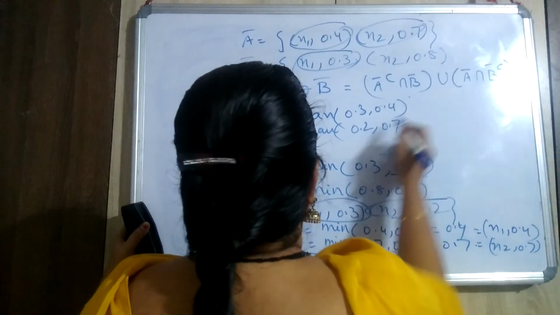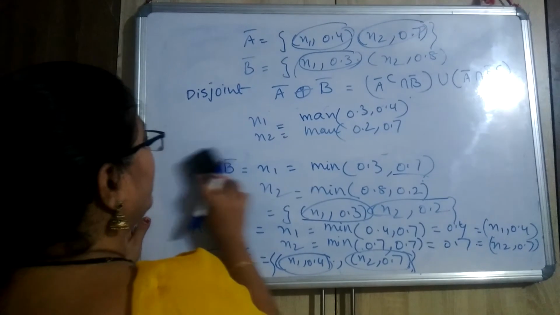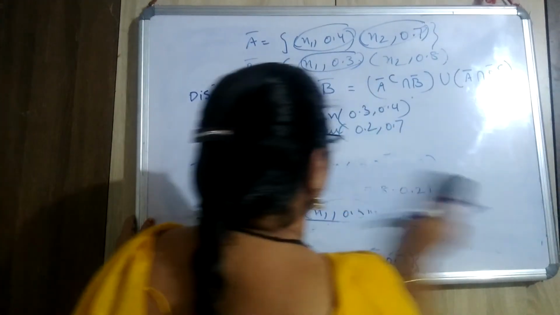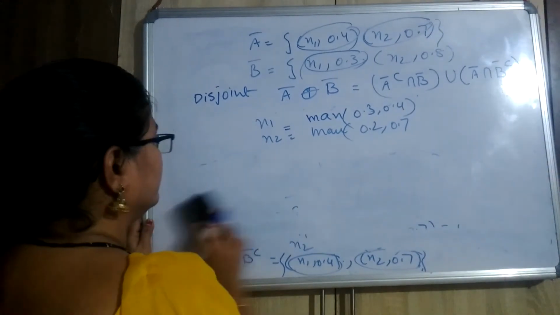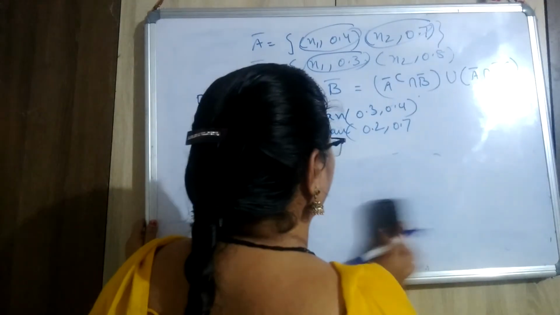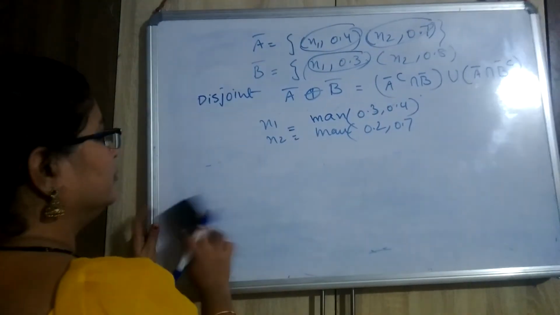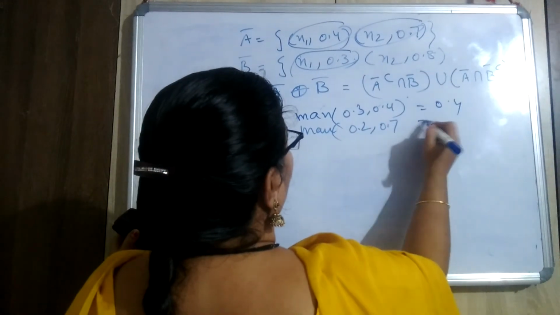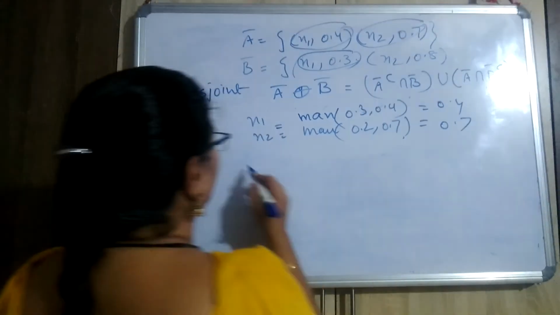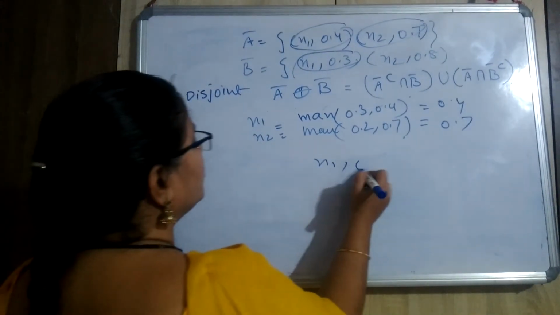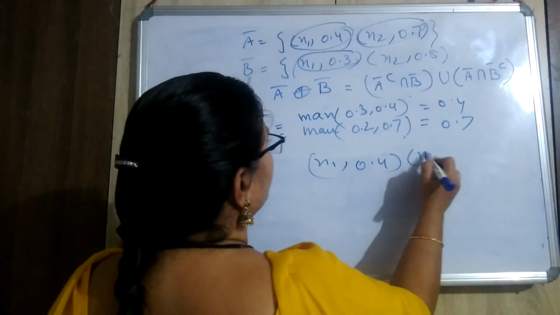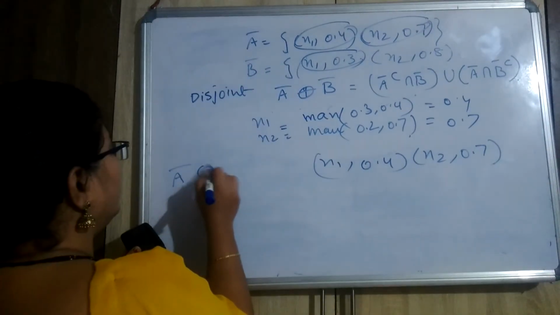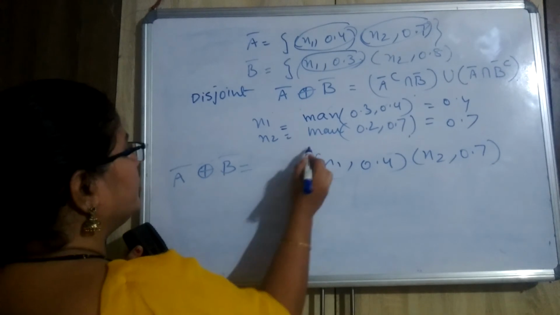So what is the disjoint operation? This is 0.4 and this is 0.7. So x1 comma 0.4, x2 comma 0.7 is nothing but the A bar disjoint B bar operation.